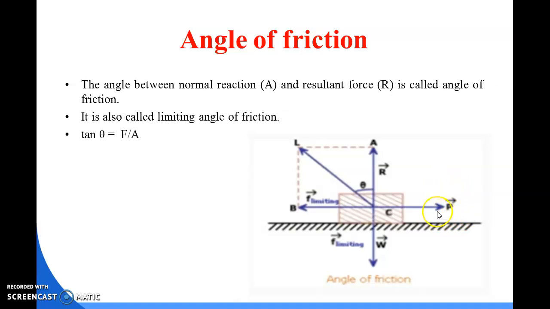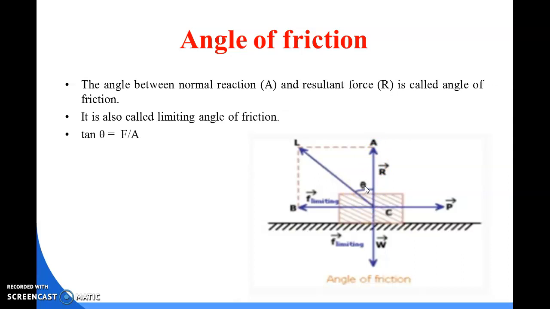movement of the body or the applying force, and in the opposite direction here the limiting friction is acting. The resultant force we take as in between limiting friction and normal reaction, and the angle between this resultant force and the normal reaction is theta.